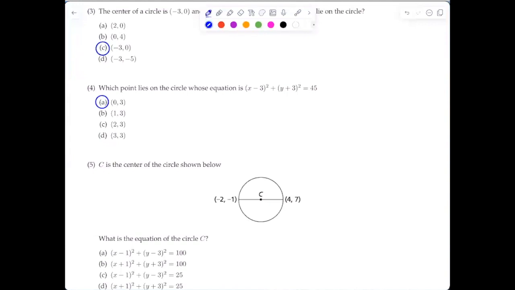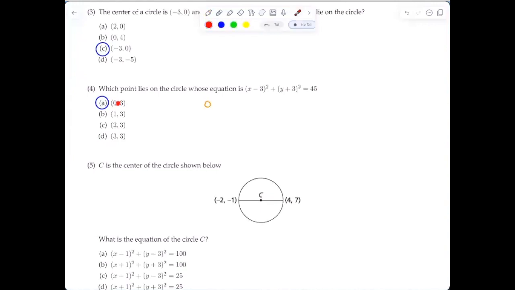Okay. All right. So let's quickly write down a little bit of details on that. So you assume that 0, 3 is the point on the circle. So x equal to 0, y equal to 3. Therefore, you get x minus 3 squared plus 0 plus 3 squared equal to 45.